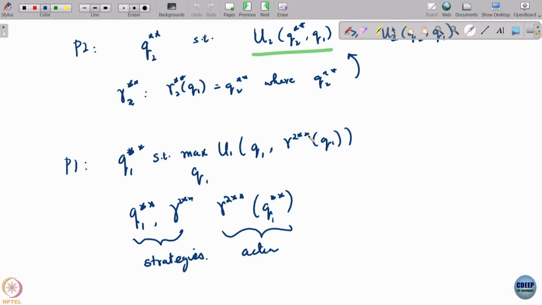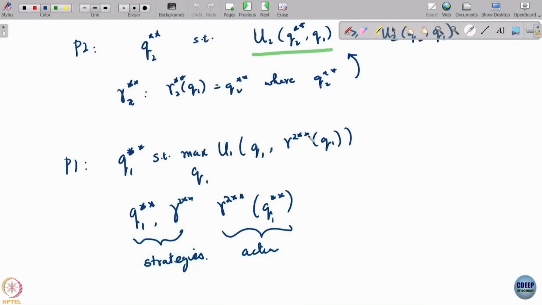To compute a quantity Q1 star star, player 1 has to solve this optimization, for which he needs gamma 2 star star, which he can solve from the above optimization. Is this clear? So it was just a mental calculation to arrive at some candidate strategy.